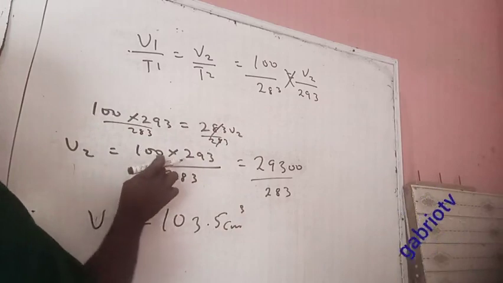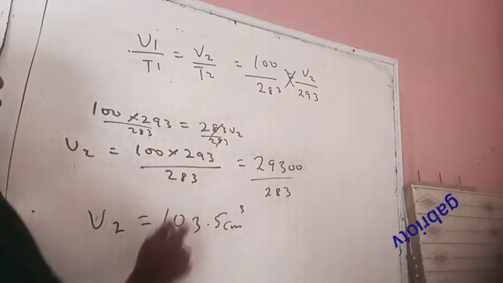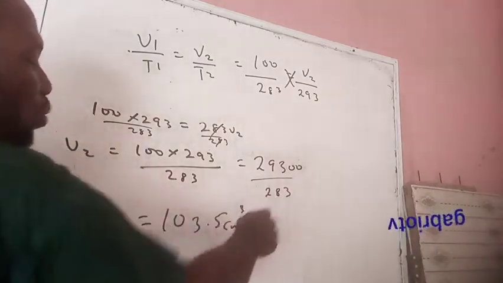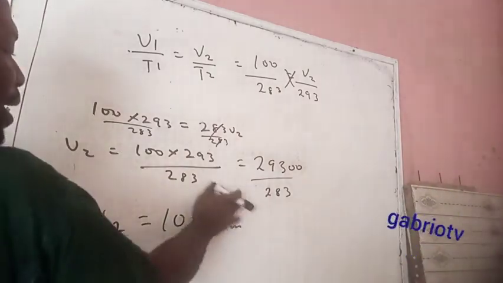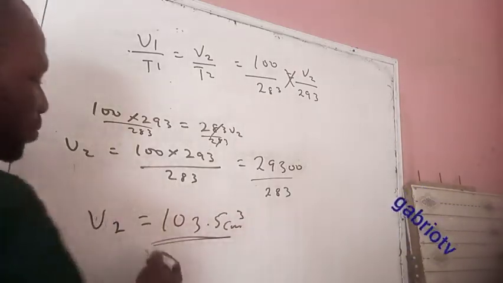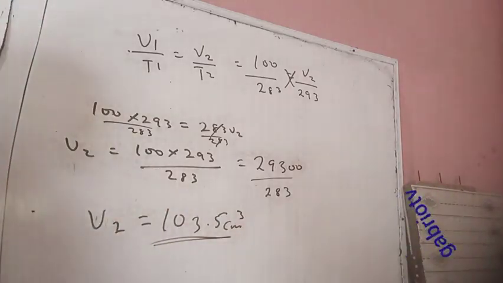Then I have 100 times 293 over 283. That's 29,300 over 283. And the answer is 103.5 cm cube. So that's just the answer to the question.